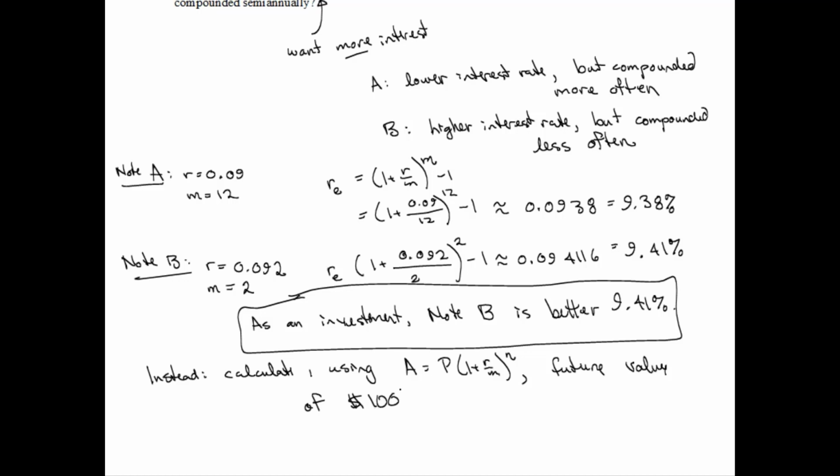Just use the same amount for each. And then you would do this for each note or for each account. And then whichever one resulted in the most money would be your better investment. And you will find if you try that, you will also find out that note B is the better investment.